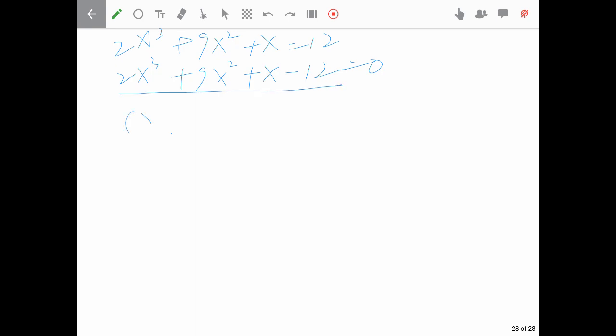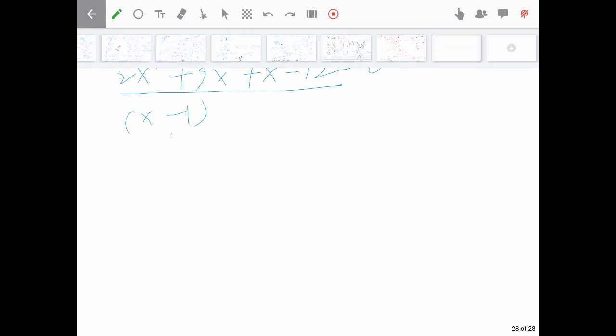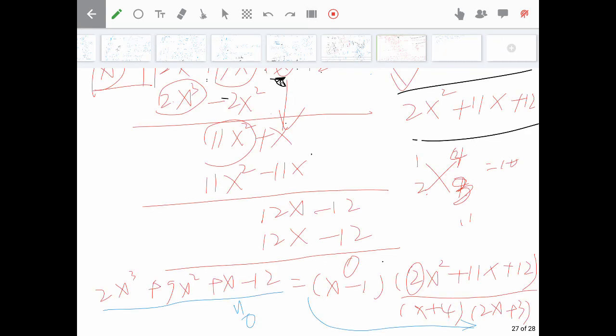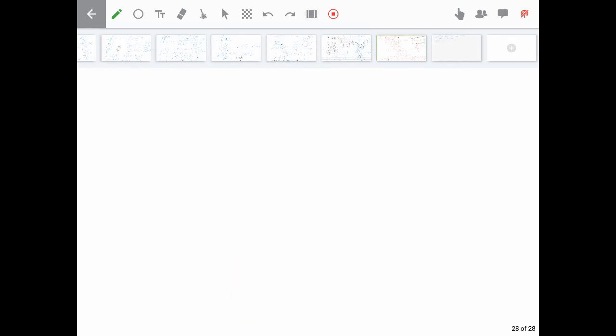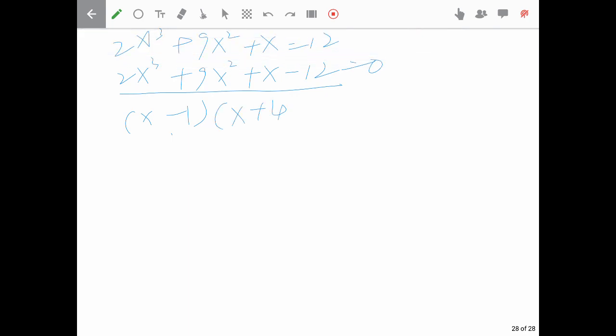So 2x cubed plus 9x squared plus x equals 12. Actually, just 2x cubed plus 9x squared plus x minus 12 equals 0, right? But the left hand side can be factorized: x minus 1, x plus 4 and 2x plus 3 equals 0, right?